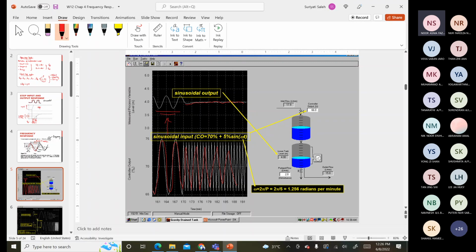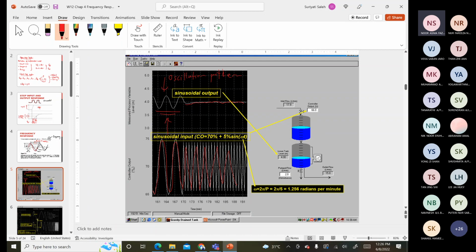At the slower rate, you can see that the sinusoidal input produces the oscillation pattern like this. This is what we call the oscillation pattern. So you can have the up and down oscillatory.